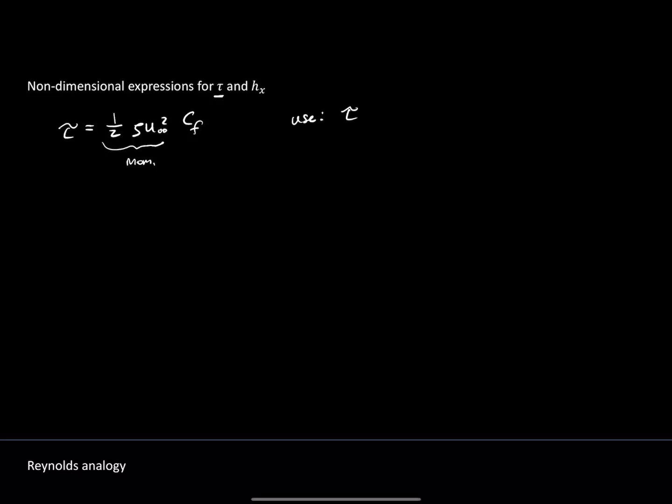conceptual model where we said tau is approximately equal to mu, the viscosity, times u infinity over delta m, where delta m is approximately equal to, let's use our approximate model, 2x over the square root of Reynolds number. So using these, we can say now CF is approximately equal to 2 mu over rho u infinity delta m.